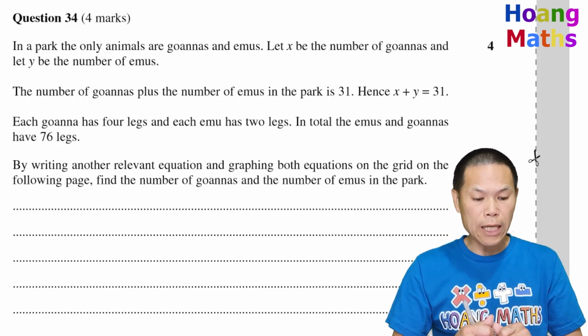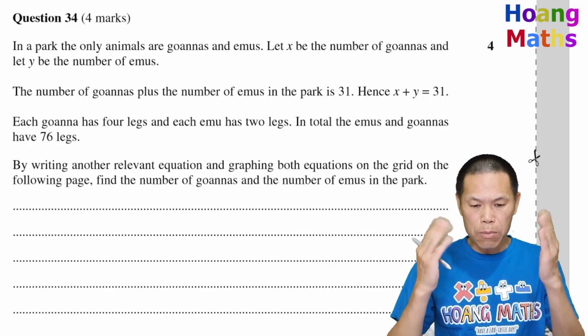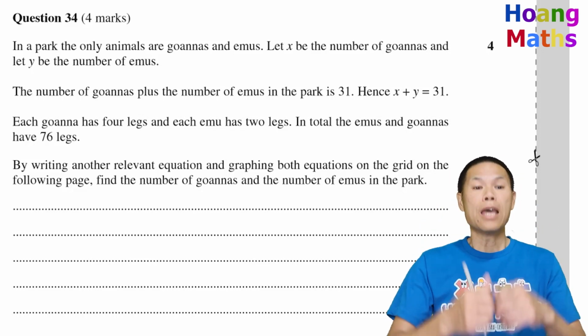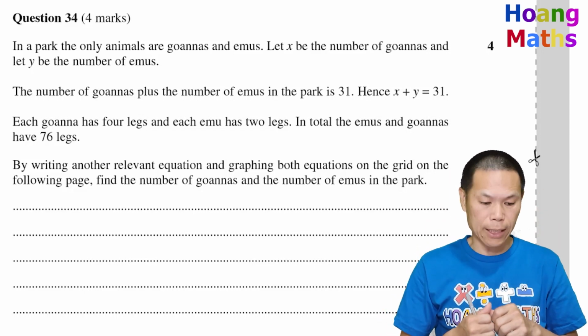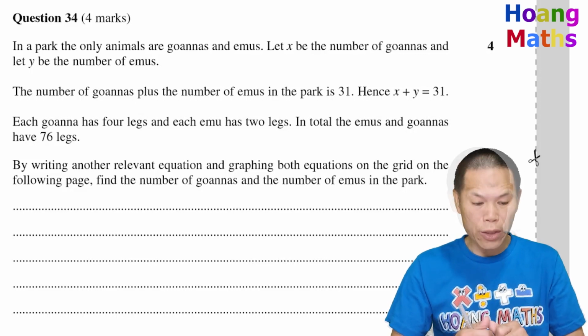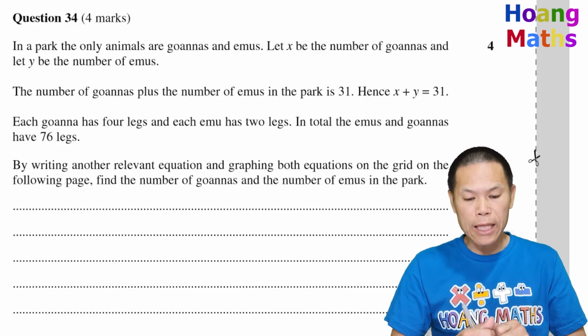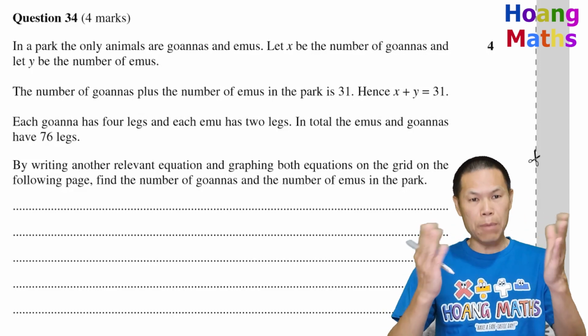Each goanna has 4 legs and each emu has 2 legs. In total, the emus and the goannas have 76 legs. By writing another relevant equation and graphing both equations on the following page, find the numbers of goannas and emus in the park.